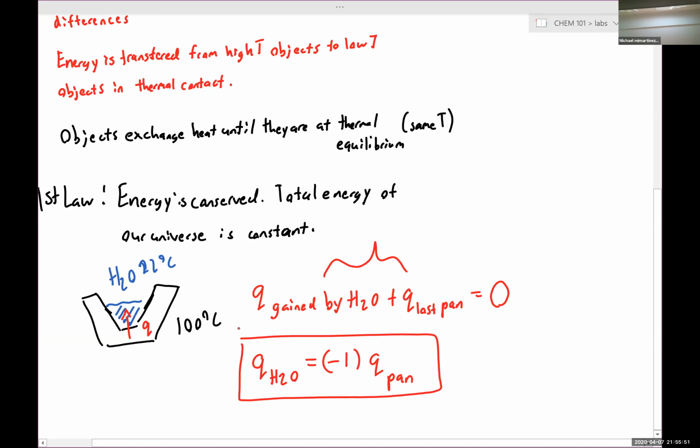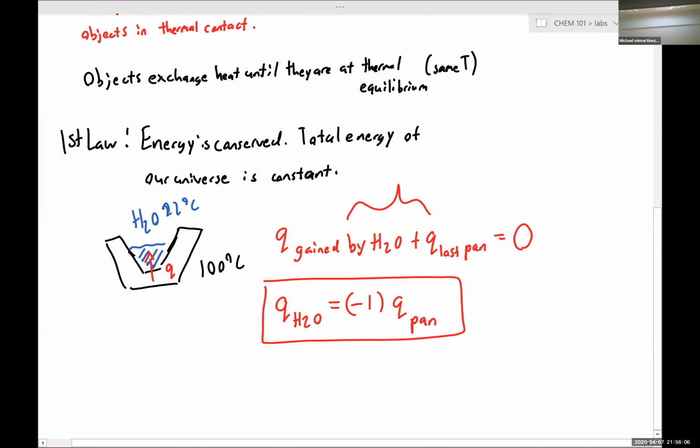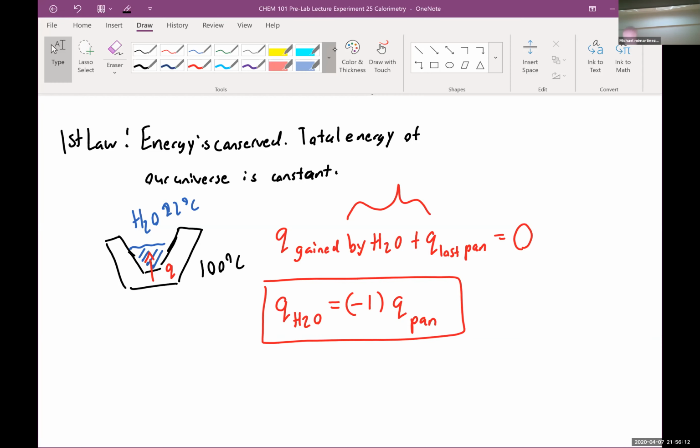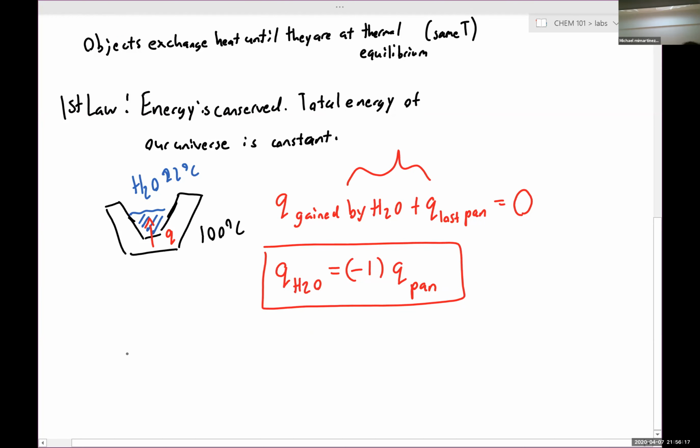Okay. So we have a relationship between the heat gained by our water and the heat lost by our pan using conservation of energy. Now, we can't easily directly measure heat. However, we can exploit a very useful fact.